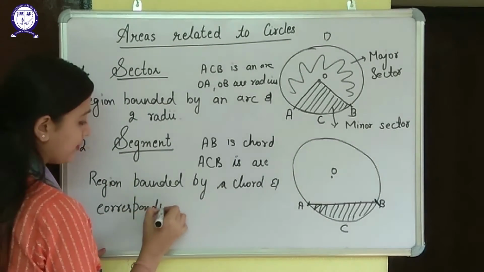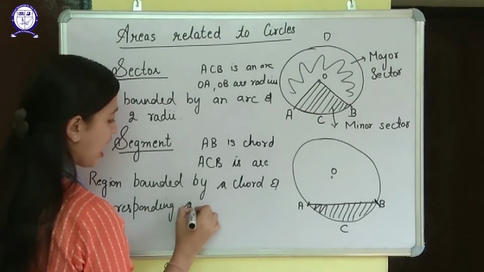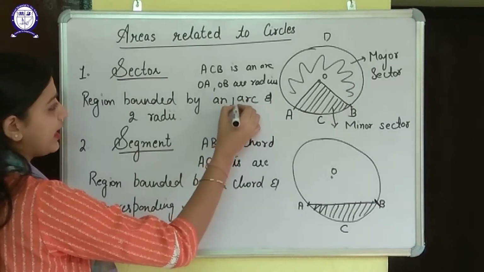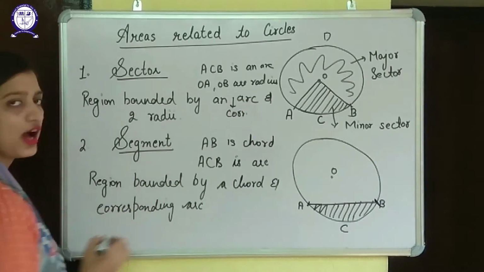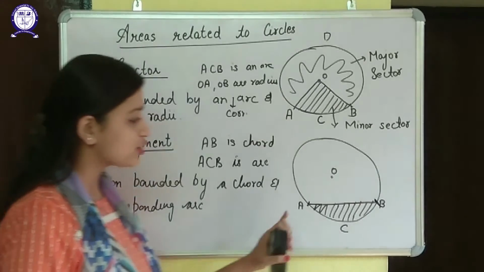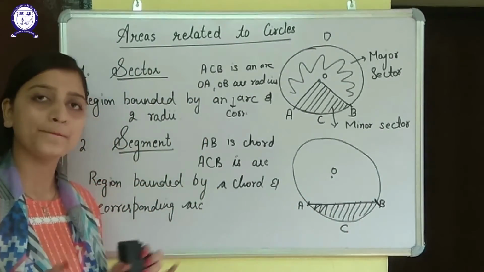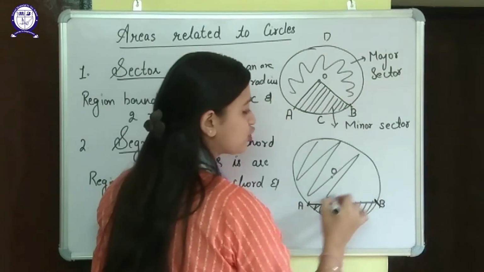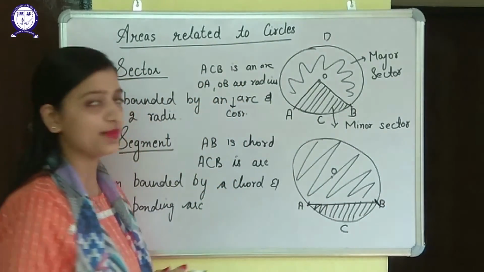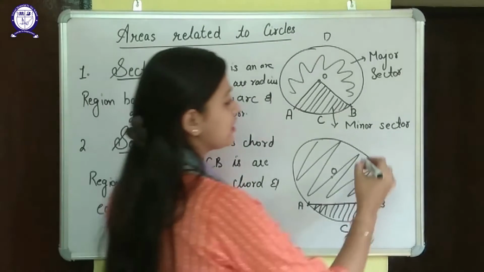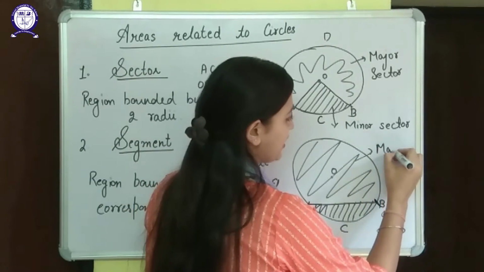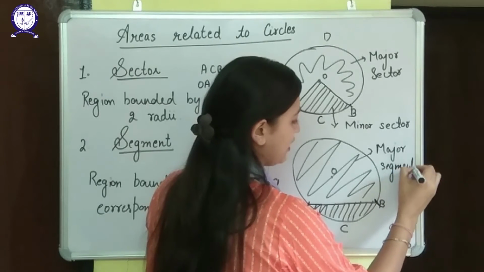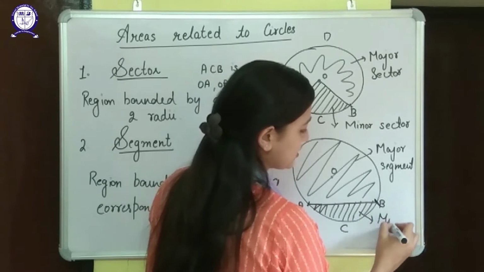Okay, arc will be the corresponding arc, that is the arc which is related to it. Again this smaller portion is my minor segment and this larger one is also a segment, but this is my major segment. Okay, this is my major segment and this is my minor segment.